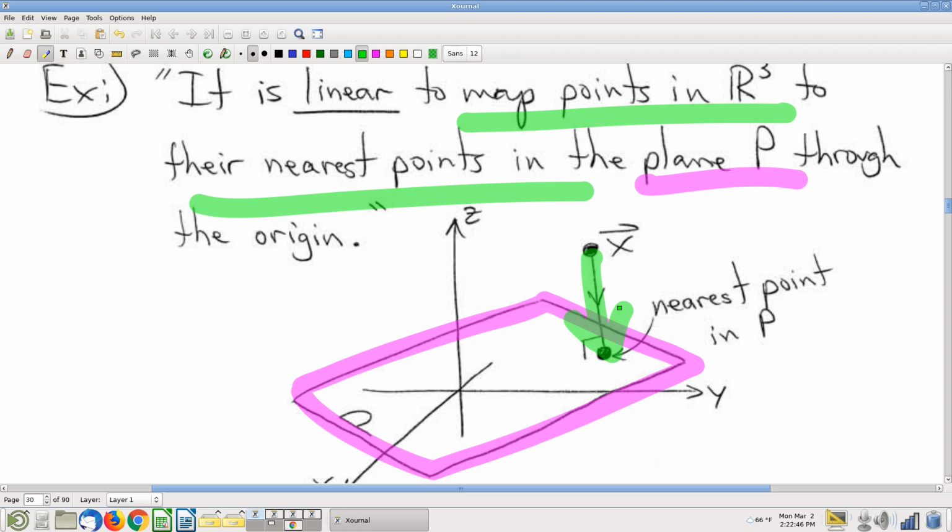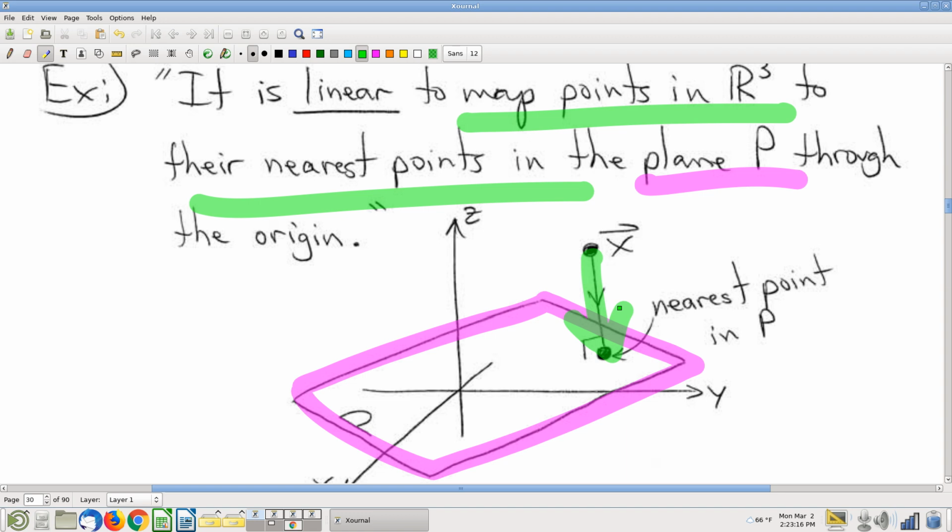Maybe you say, projecting points to that plane. This is a linear map, or sometimes people say this is a linear projection. Okay, so step 1 in understanding what they mean when they say that: identify where's the function. Where is something that was here, then something happened to it and we got an output? And the answer is the projection is the function.